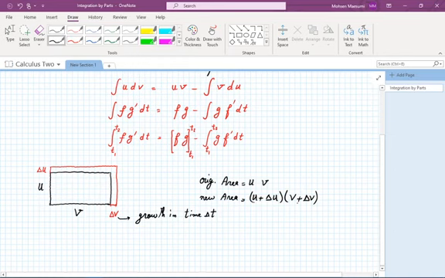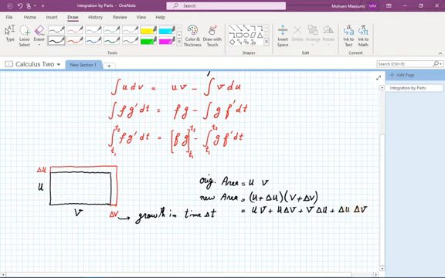Well, what is that? Let's just multiply it out, you'll see what it is. u times v plus u times delta v plus v times delta u, and then delta u delta v.